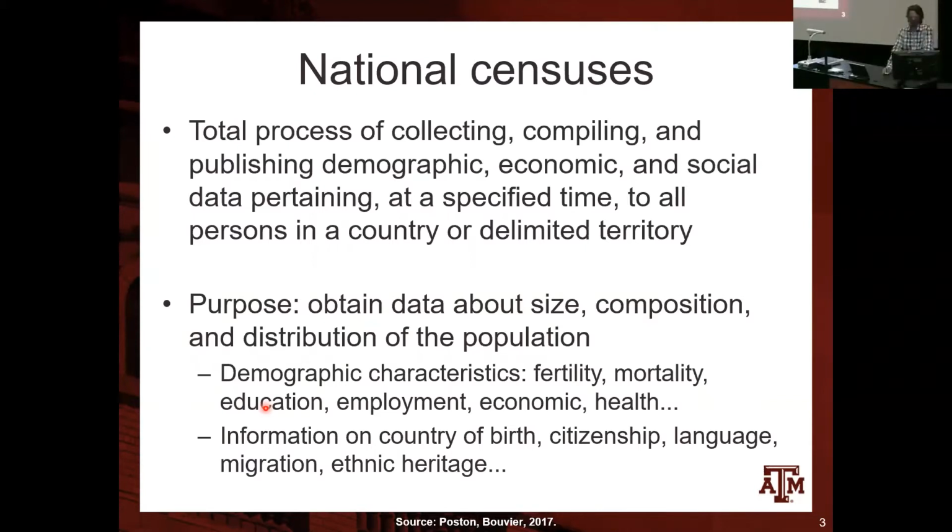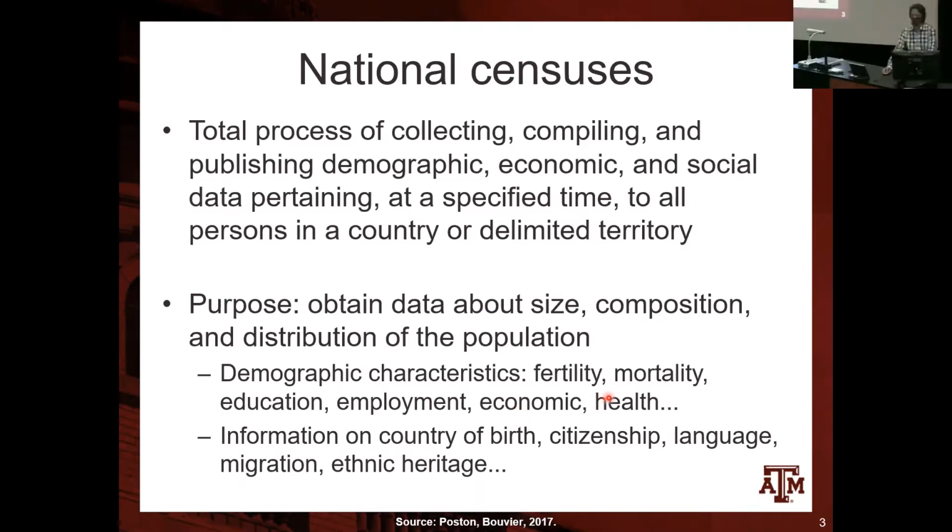We can ask questions about whether people are employed or not. We can ask questions about their earnings, how much money they are making in their main job, how much money they are making on all jobs that they are employed in, how much money all members in the household are making at that specific time.